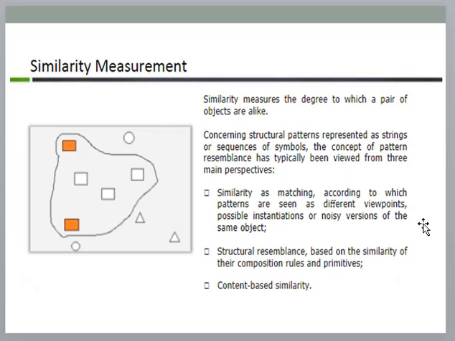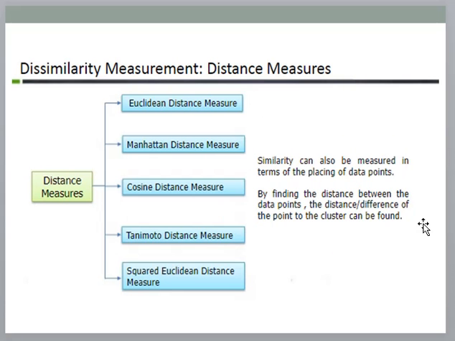Similarly, structural resemblance based on the similarity of their composition rules and primitives, and the third one, similarity on the basis of contents, right? So we can use content-based similarity in order to find the similar structural patterns of different objects.